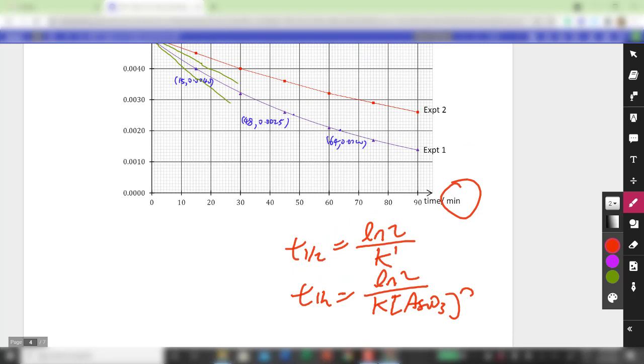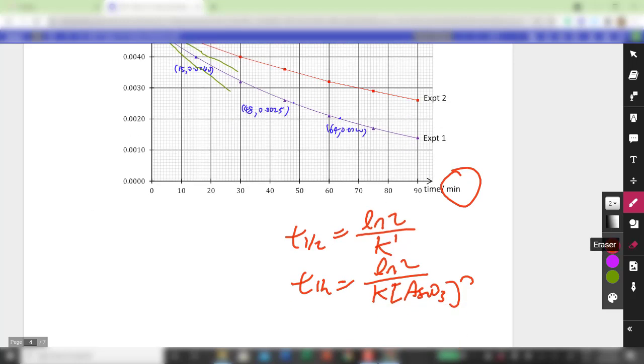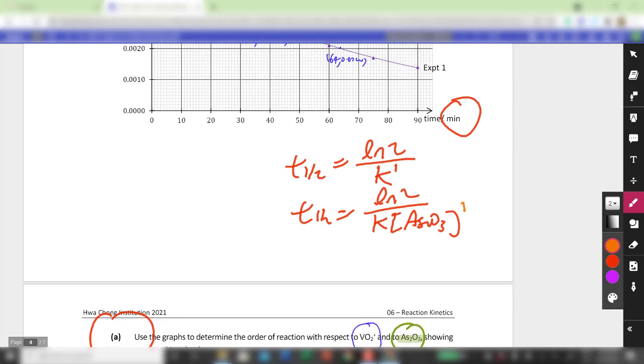Of course in our case here, you notice that the gradient, the slope of experiment 1, is double that of experiment 2, so you know that n is first order. In this case, the t half from the above experiment is inversely proportional to the concentration of As2O3, because ln 2 is a constant and k is a constant. So it's an inverse proportional relationship.